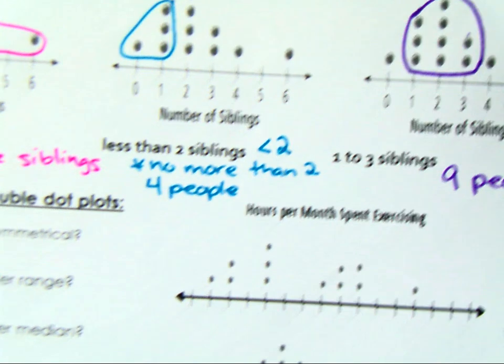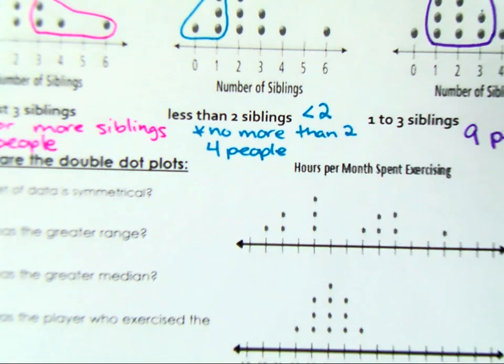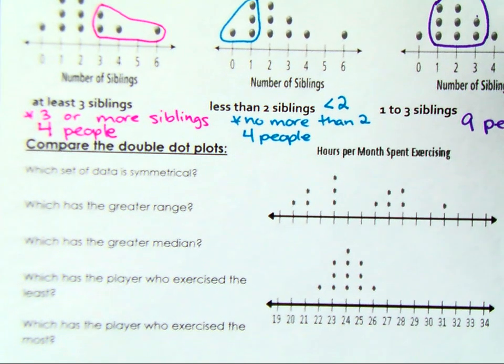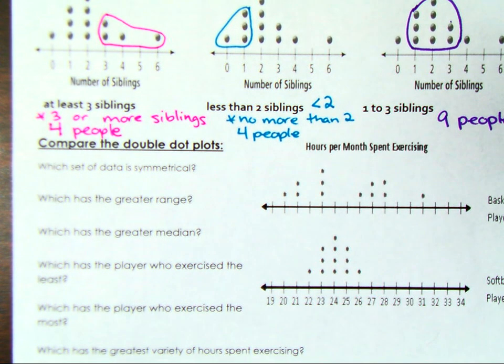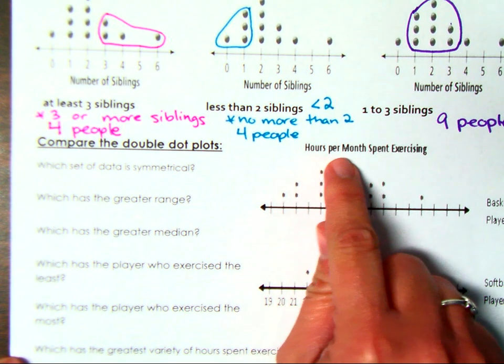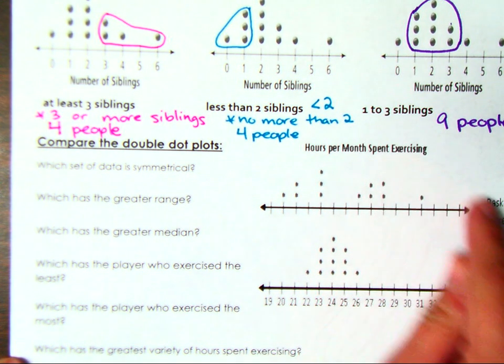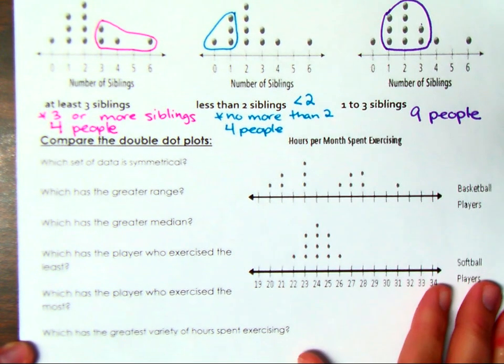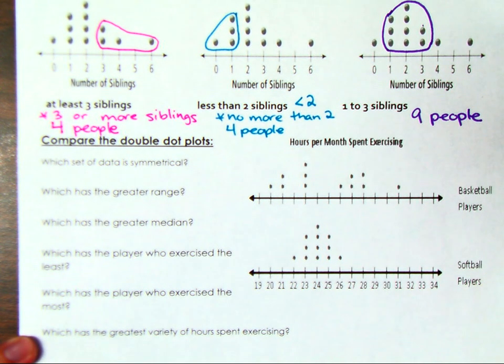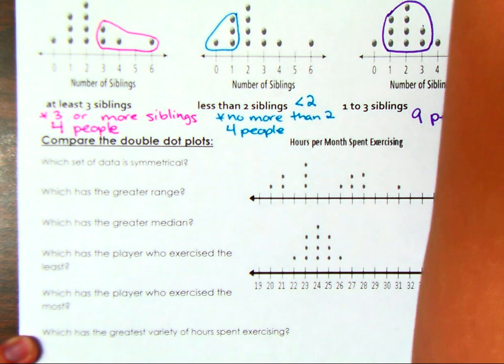So now we're going to do what we've done with our box plots, but now with dot plots. So we're going to compare the double dot plots. We have 2 different graphs, and they're representing the hours per month spent exercising. So we're talking about basketball players versus softball players in this example. So let's see. It says, what set of data is symmetrical?